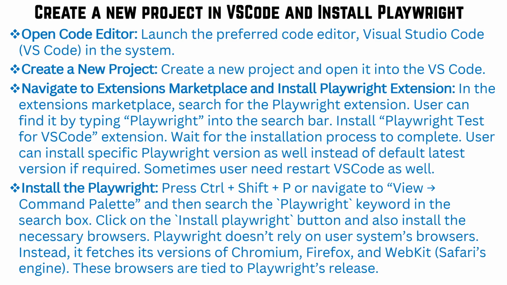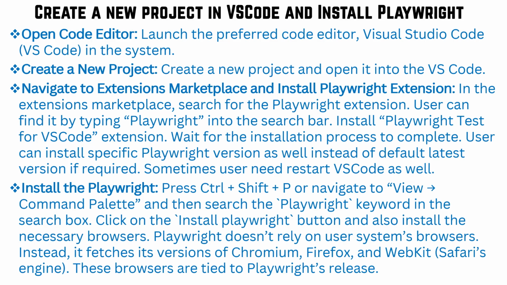Second, you need to install Node.js, and when you install Node.js, npm is automatically installed. So these three are the preconditions to start your journey in the Playwright TypeScript automation world: the first one is VS Code, the second is Node.js, and the third is npm. So how can you create a project?